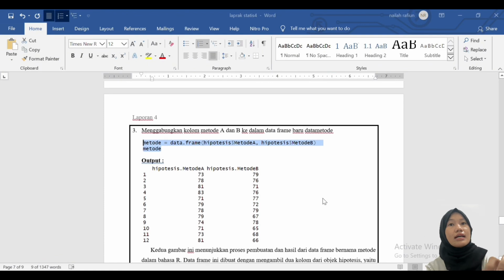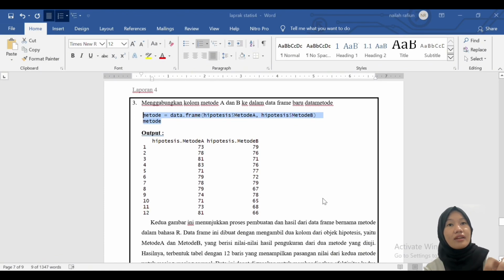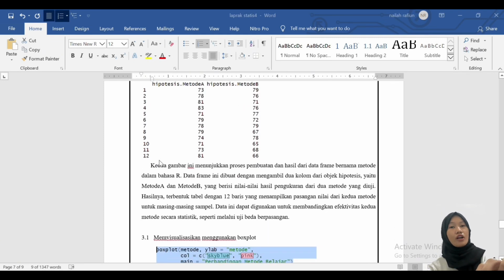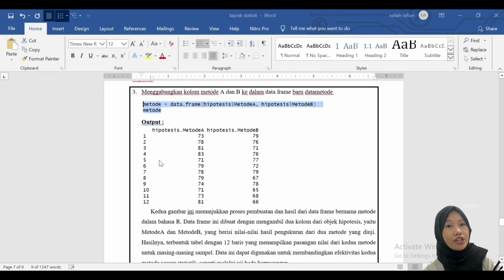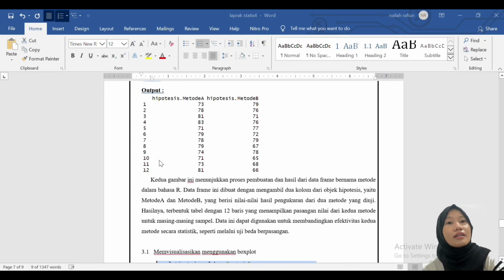Next question is number 3. In question number 3, we have to merge the method columns A and B into a new data frame, data method. This is the code and this is the output. These two pictures show the creation process and result of a data frame named method in RStudio.